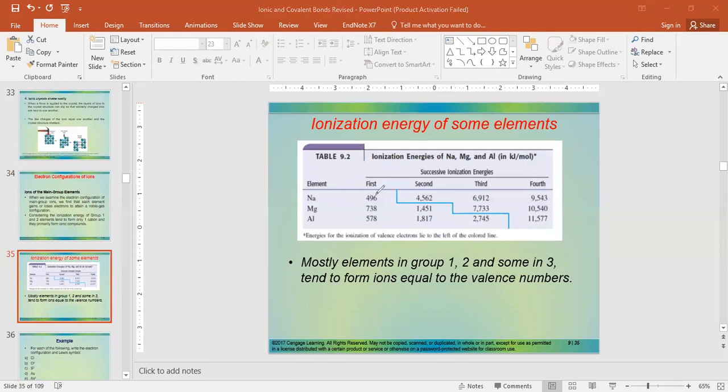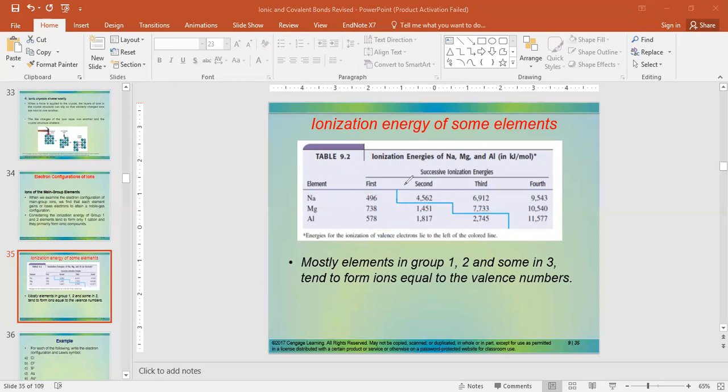This blue partition is showing this side and this side. The side you can see here shows the trend in the ionization energy of these atoms before a noble gas configuration is attained.